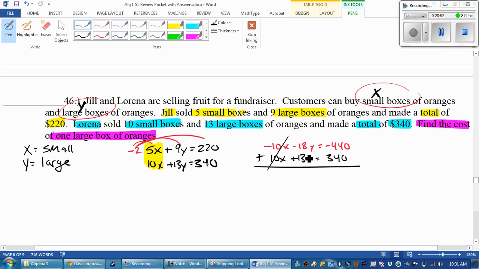Negative 18 plus 13 is negative 5y, and negative 440 plus 340 is negative 100. So is the y by itself? And the answer is no. We have to divide by negative 5, and then we get that y equals 20. Okay? So find the cost of one large box of oranges, and that cost is $20.